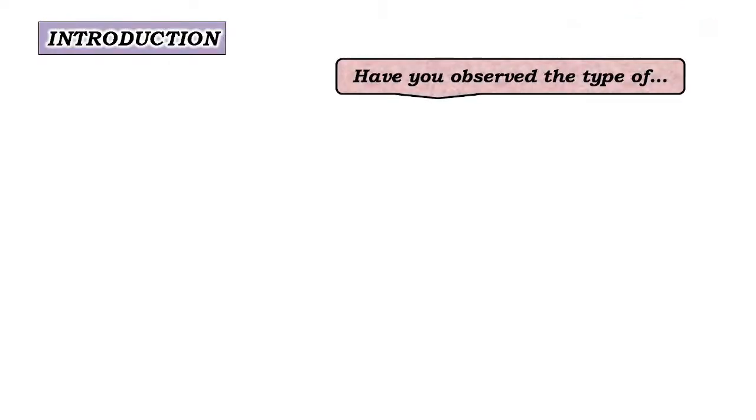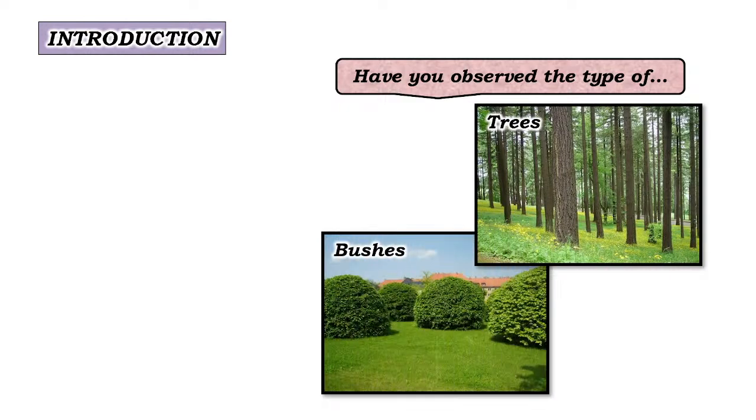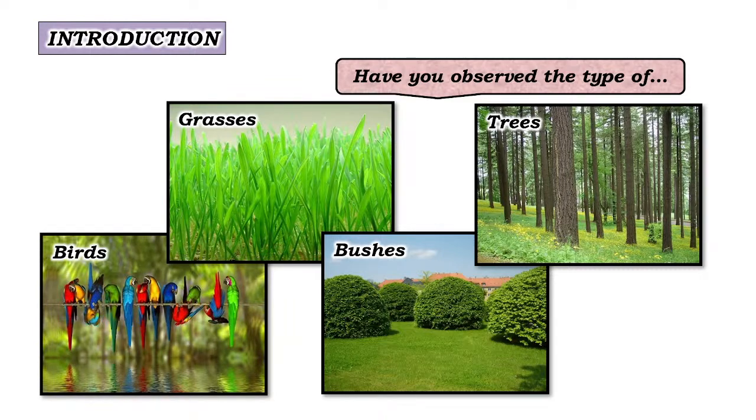Okay. Quickly we'll just run over these slides now. It is easy. Have you observed the types of trees, bushes, grasses, birds? Can anyone tell me the difference between a tree and a bush? George W. Bush. Yeah. Trees will be tall.